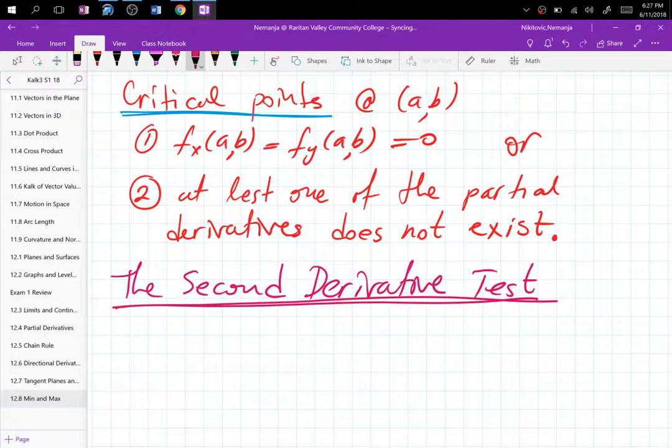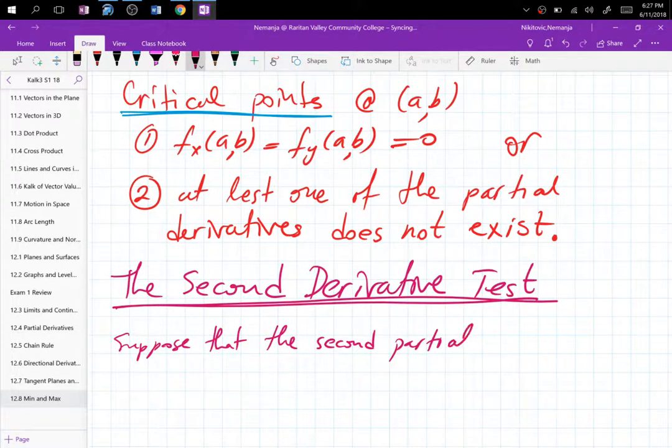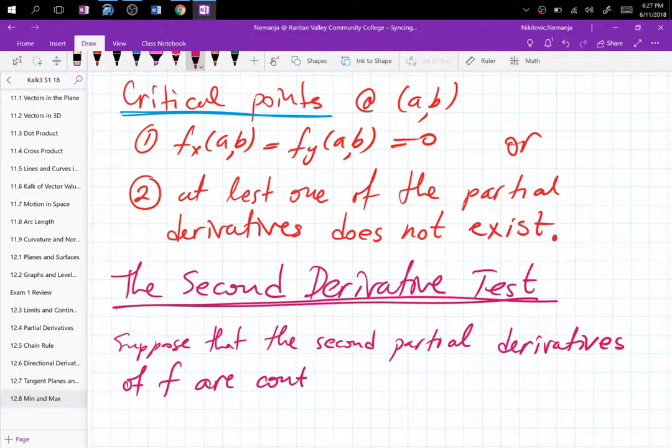The second derivative test says, suppose that the second partial derivatives of f are continuous throughout the open disk centered at point (a, b), and that fx equals fy equals 0.